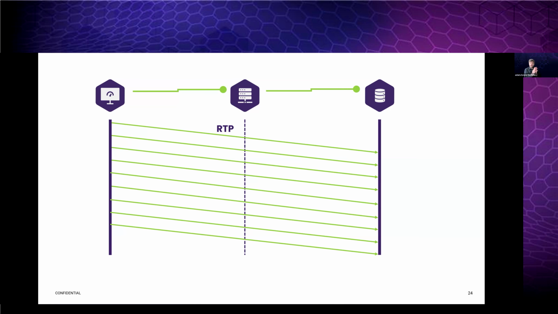So when a packet has some variability between how much time has passed since the previous RTP packet arrived and the next one's coming, we have that 30 millisecond jitter buffer in the application to absorb those things.